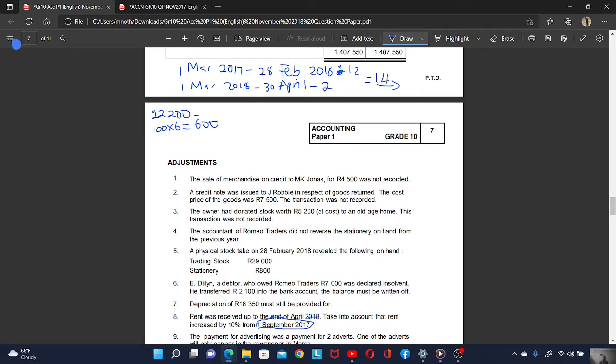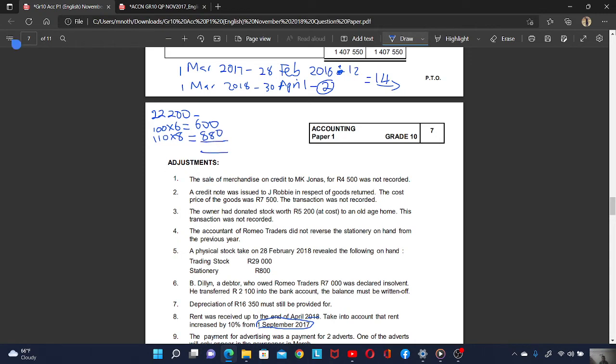And then from September 2017: September, October, November, December, January, February, March, April, which is 8 months if we add these 2 months that are in advance. So it's 110 times 8, which is 880.